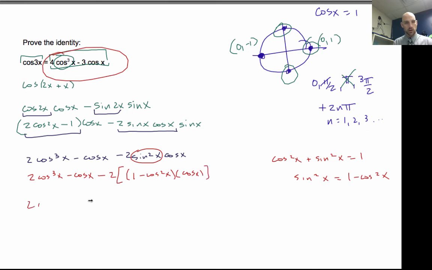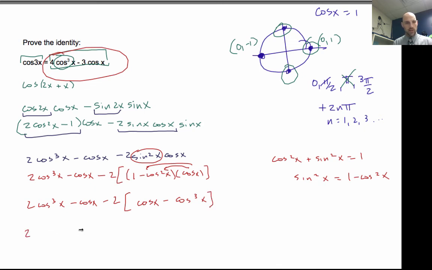So I'm still working here. Cosine cubed x minus cosine x. And inside my brackets here, when I distribute this, I have cosine x minus cosine cubed x, because cosine x times 1 is cosine x, times cosine squared x.